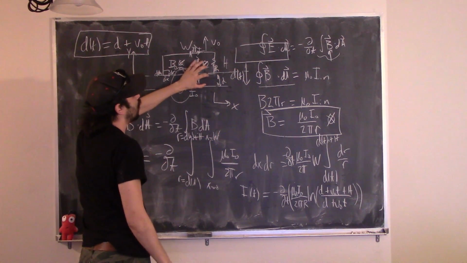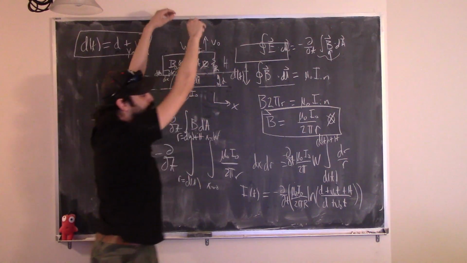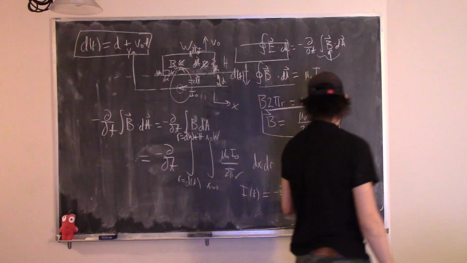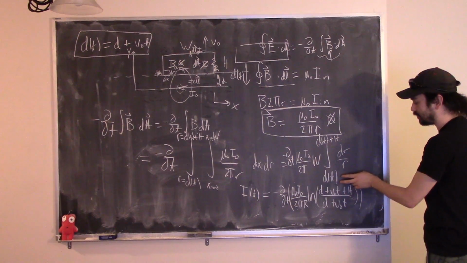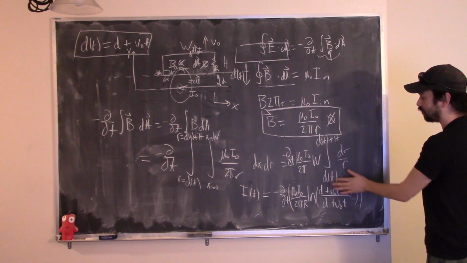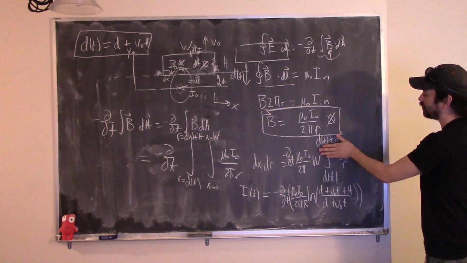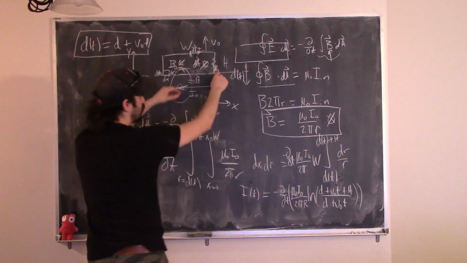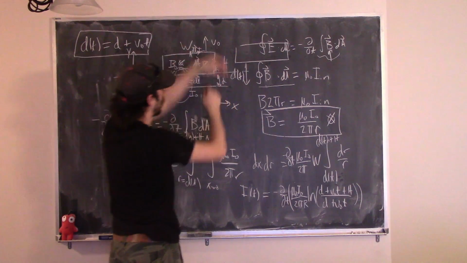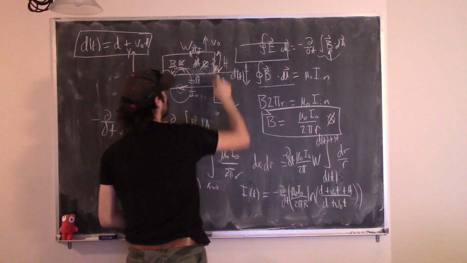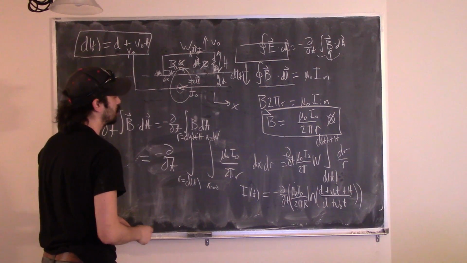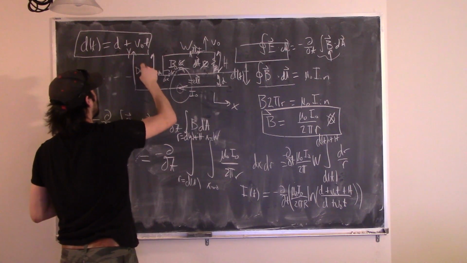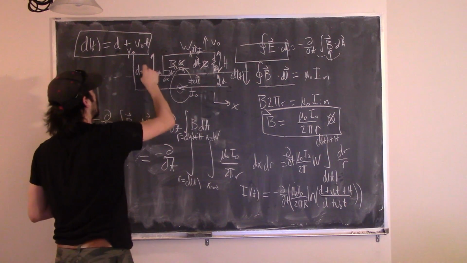So this distance is always d, but then this one stretches up. In that case, this would be the distance just d, not d as a function of time, and then this would be the distance d as a function of time plus h, because what we need to do is parameterize the change in the distance here, and because this distance here is h, the total distance that we start with is going to be the distance d plus h, lowercase d plus h.